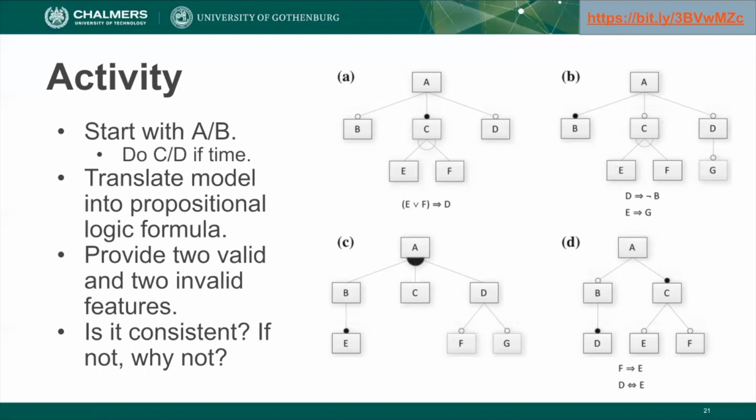Once you do that translation, try and come up with 2 valid, and if you can, up to 2 invalid feature selections as well. And then determine whether the feature model is consistent. If there are any valid configurations, it is consistent, but if there are no valid configurations, then it is not. And if it's not consistent, try and identify a reason why that would be the case.